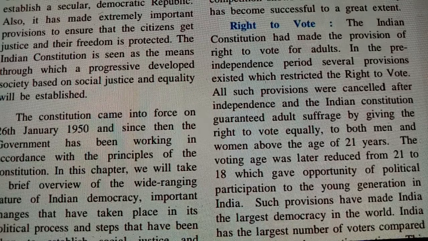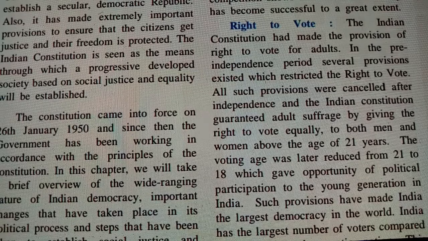The Constitution provides this for adults, whether male or female, above 18 only. In the pre-independence period, several provisions existed which restricted the right to vote. Before independence there were several such provisions, but when we got independence, information about the right to vote was written in the Constitution.